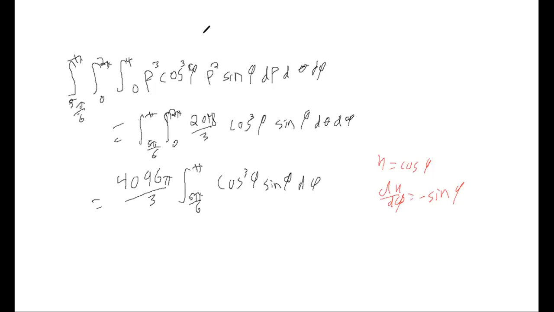So all said and done, if we go through the complete process of our u substitution, we're going to end up getting an extra negative in here, which we'll go ahead and factor out. So we'll get negative 4096 pi over 3.